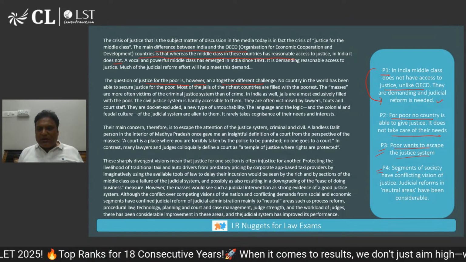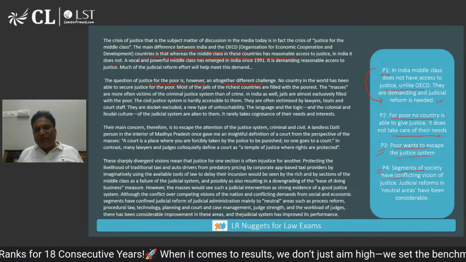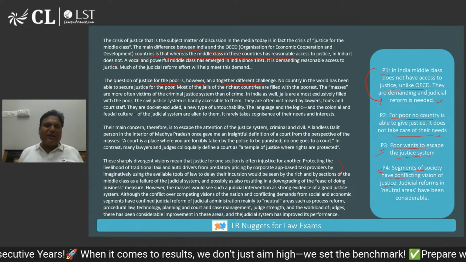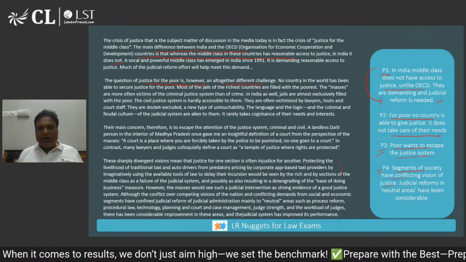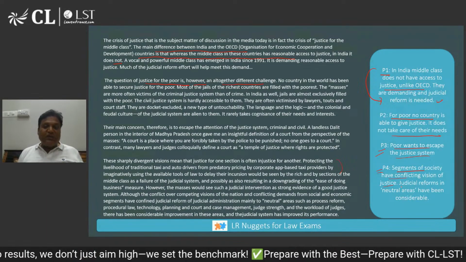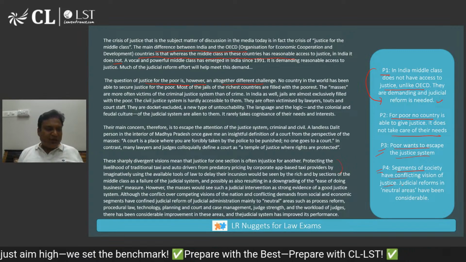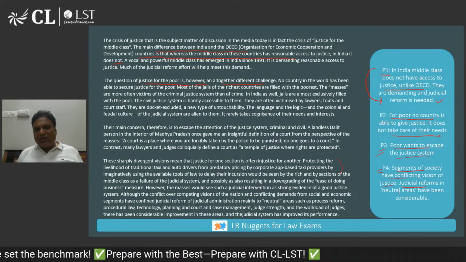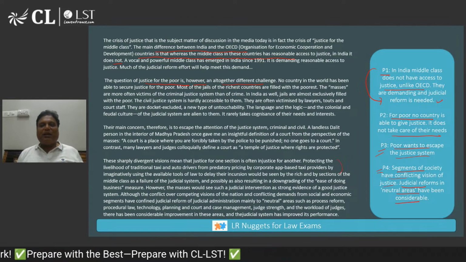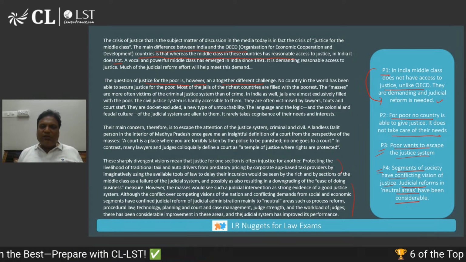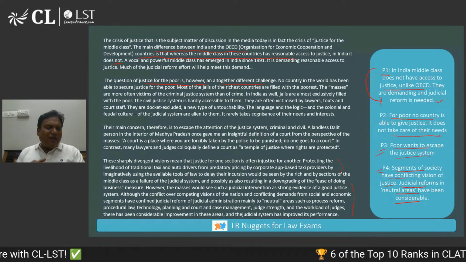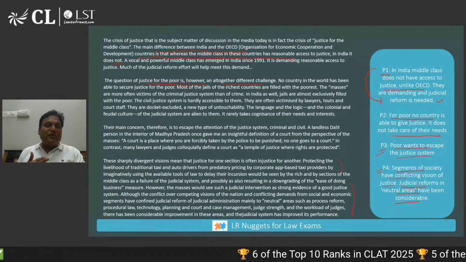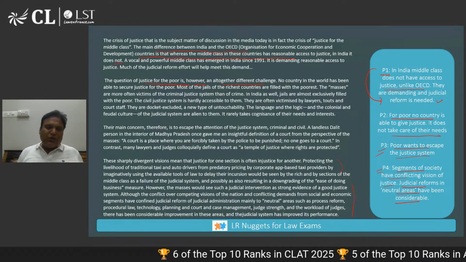Paragraph number four: segments of society have conflicting visions of justice. Some people say it is right, some say it is wrong, depending on which segment of society you are in. And judicial reforms in neutral areas have been considerable. Towards the end, the author talks about how we have done some reforms, but those are in neutral areas. What are neutral areas?